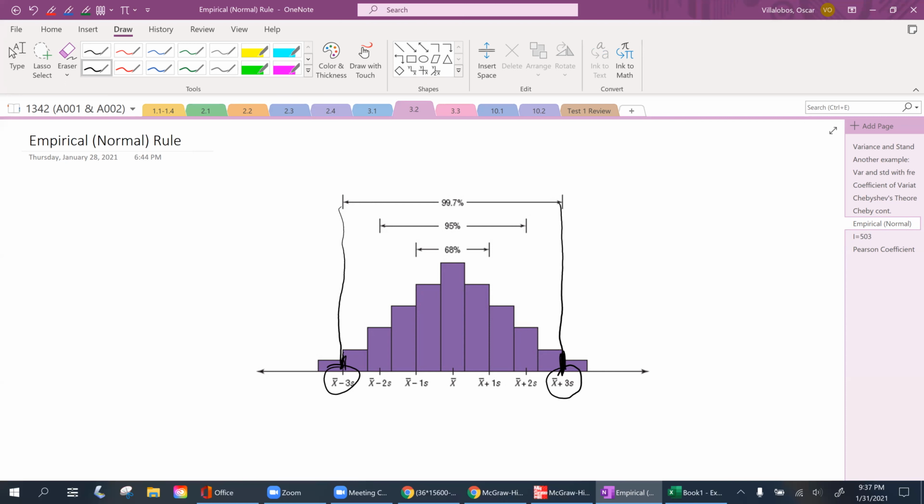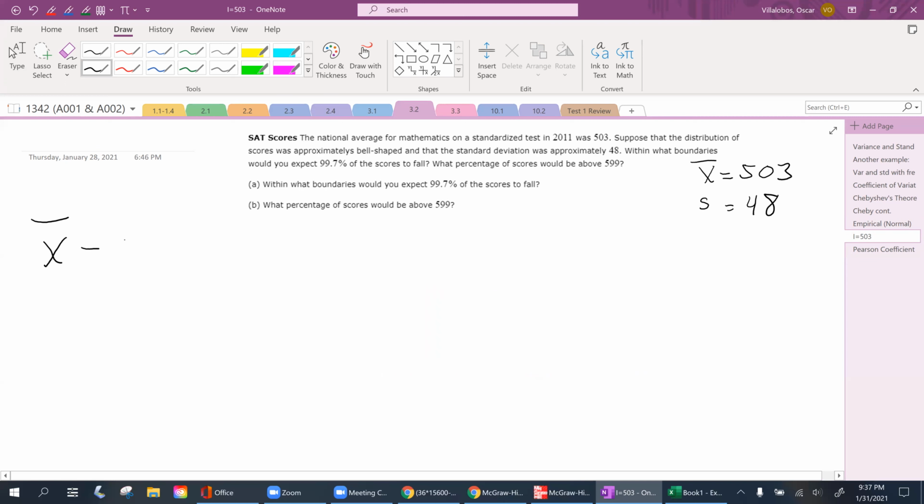So I'm going to use these two formulas: my mean minus 3 times my standard deviation, and my mean plus 3 times my standard deviation.